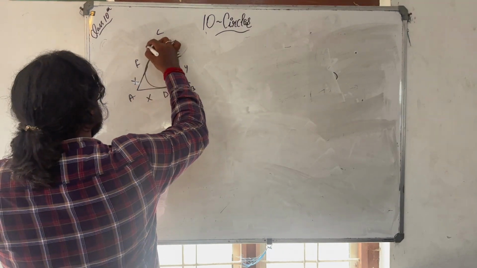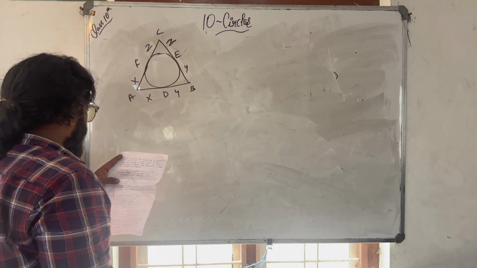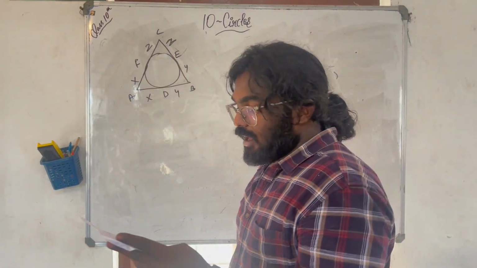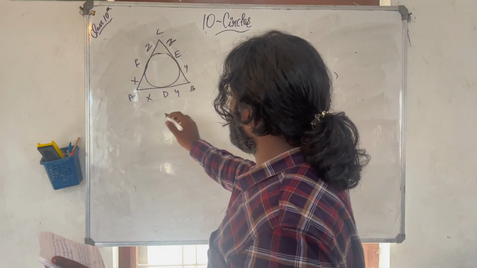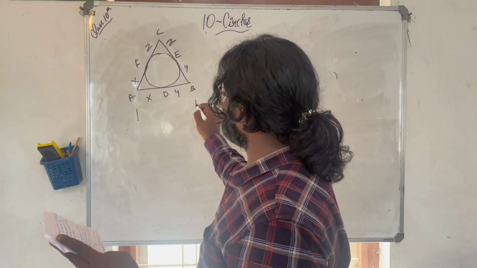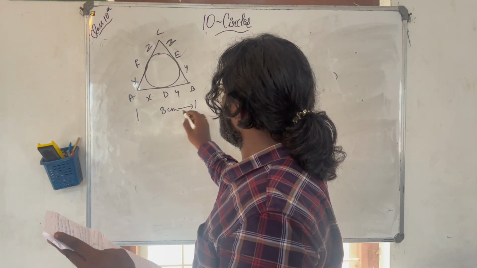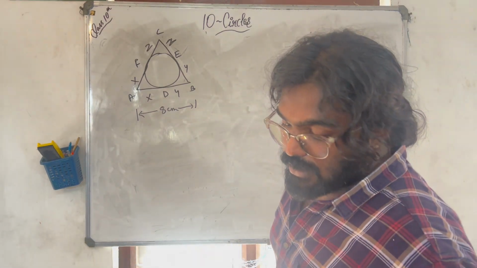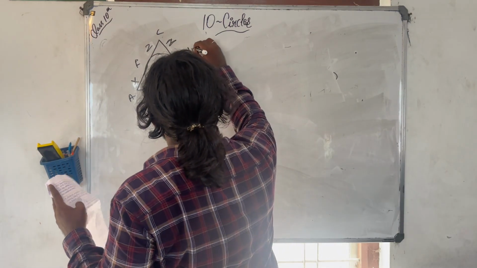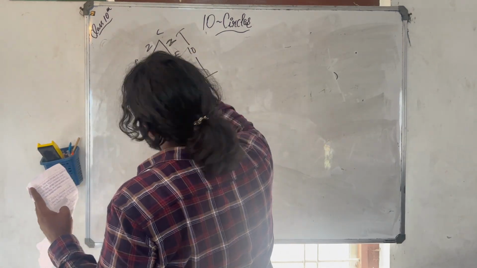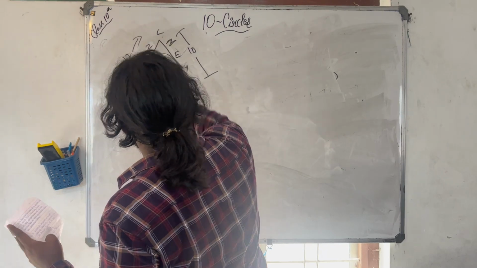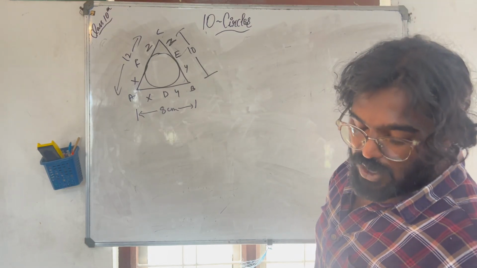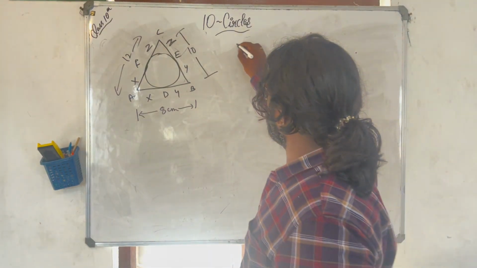The circle is inscribed in triangle ABC having sides: AB is given as 8, then this is 10, and this is 12. Look at the question. You have to find AD, that is X, Y, Z. That's it, nothing else.